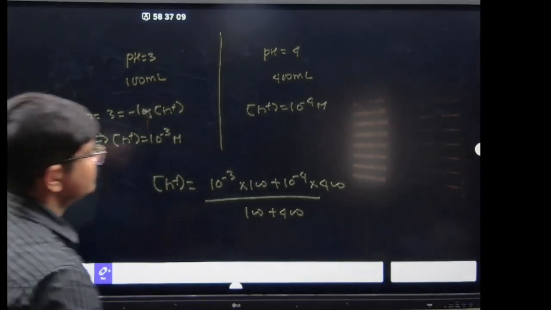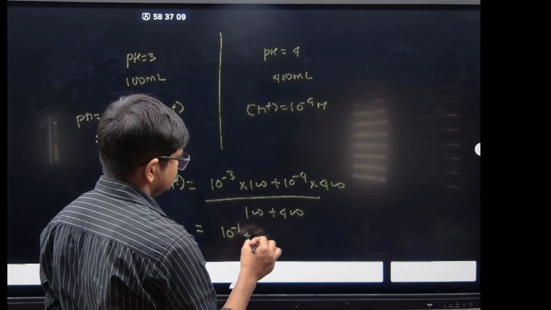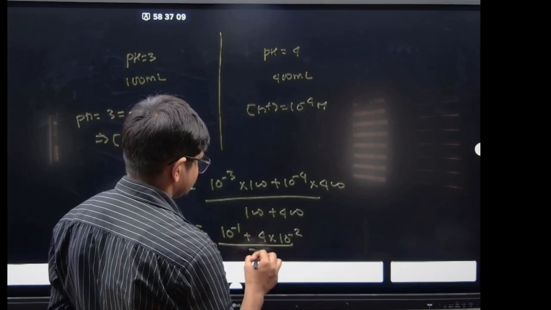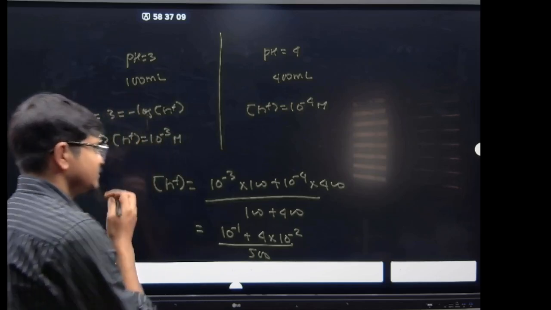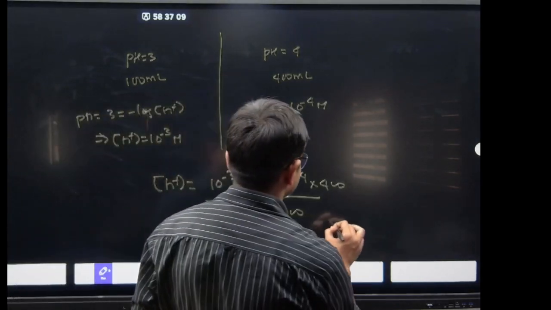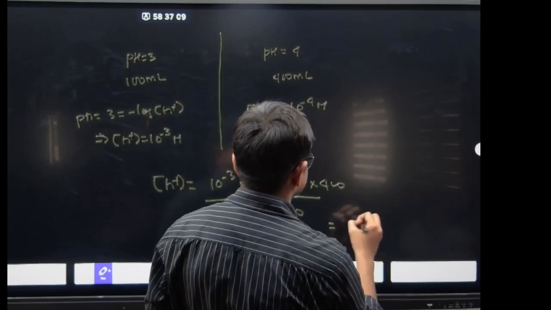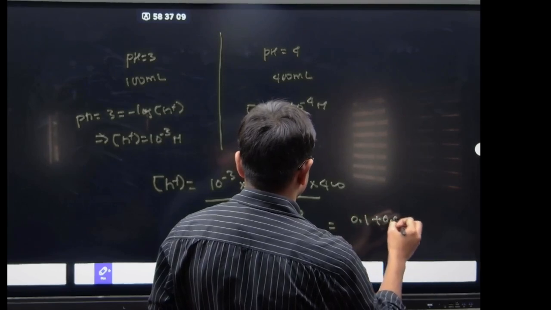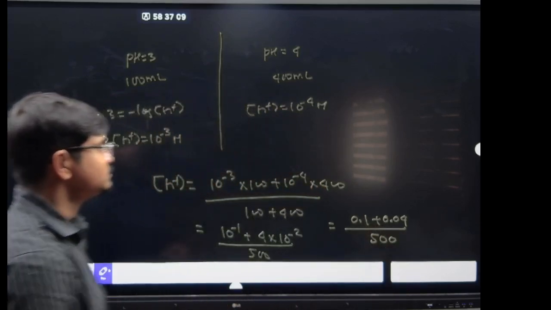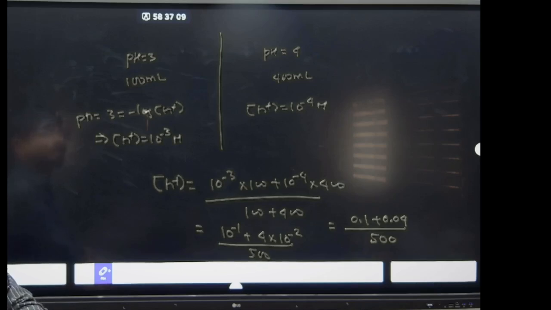Now I can write this one as 0.1 by 500. Clear? 10 to the power minus 4 is given, right?